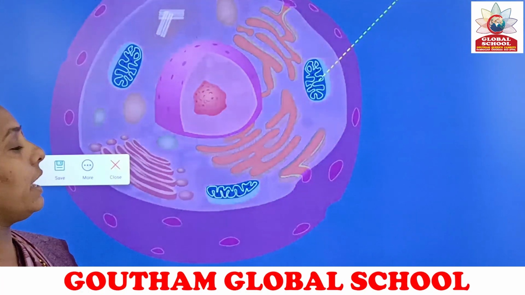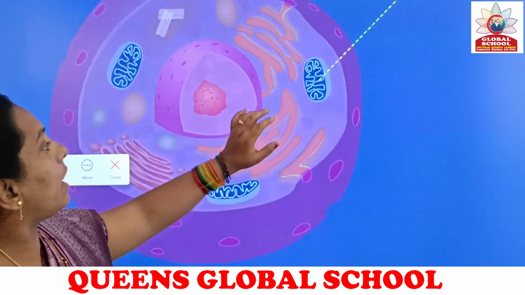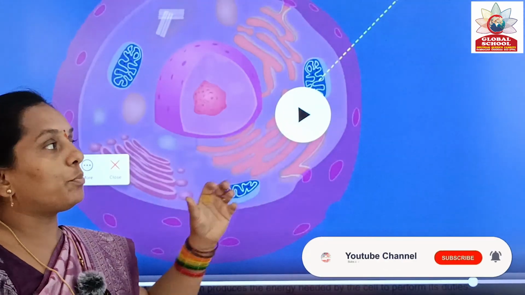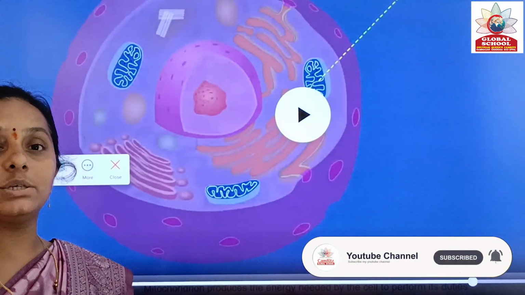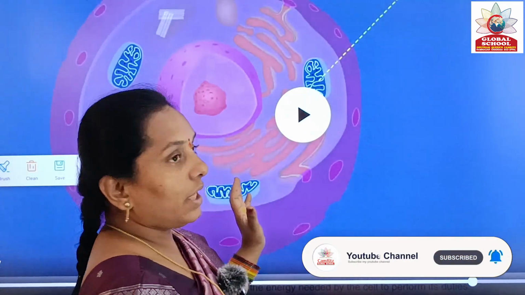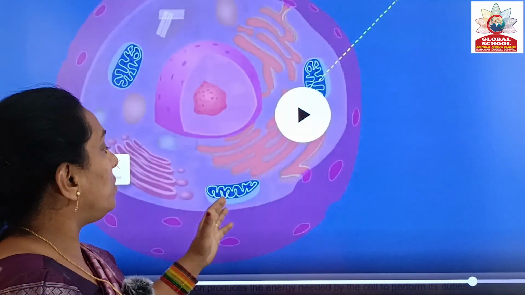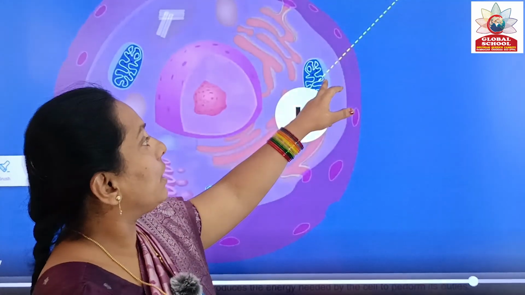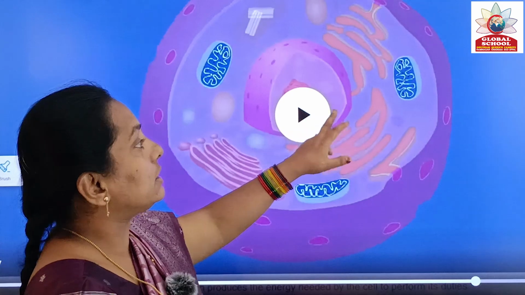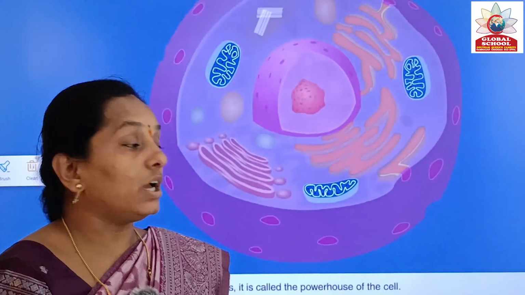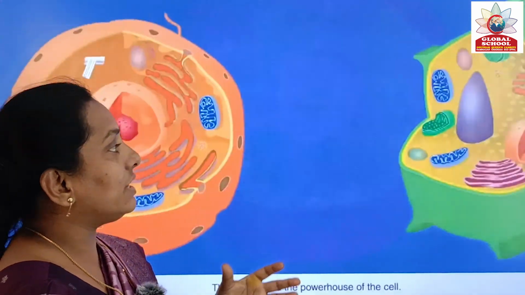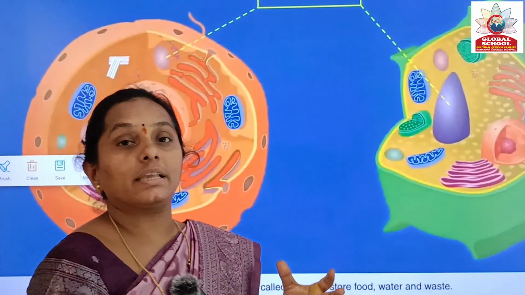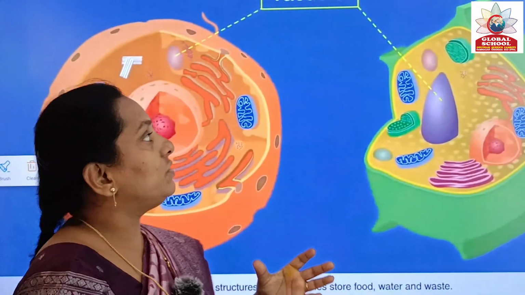Inside the Golgi apparatus, what happens? The Golgi apparatus helps to synthesize the protein so that it can be utilized by the cell. From there, the synthesized material will be transferred to the mitochondria. Here this is the mitochondria. This is called the powerhouse of the cell. It helps to release the energy so that the cell can do all its activities.